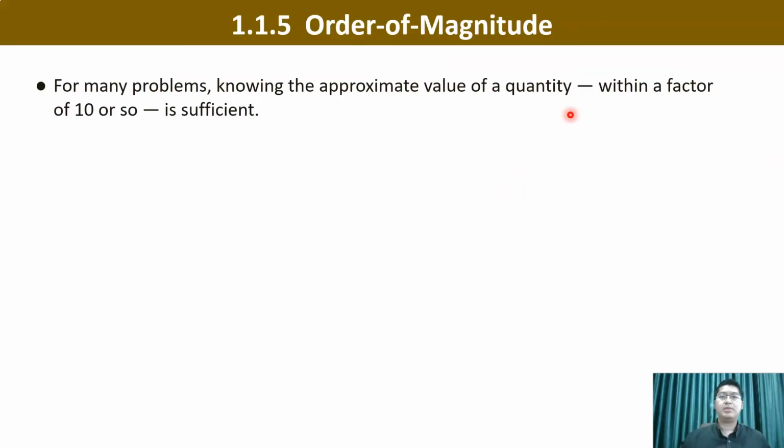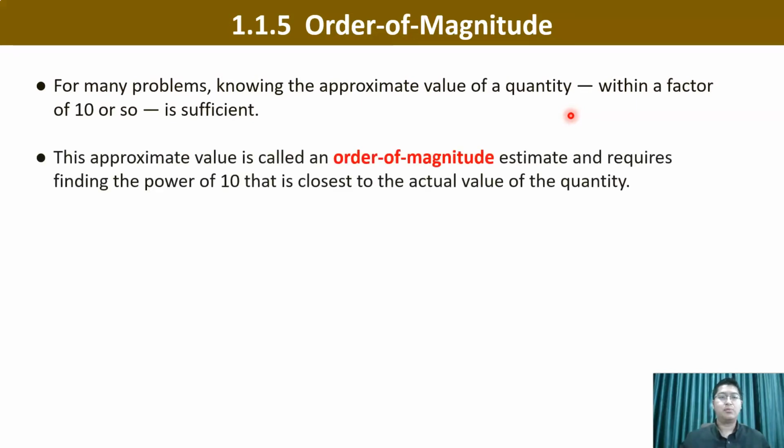The last topic for this lesson, order of magnitude. For many problems, knowing the approximate value of a quantity within a factor of 10 or so is sufficient. This approximate value is called an order of magnitude estimate and requires finding the power of 10 that is closest to the actual value of the quantity.